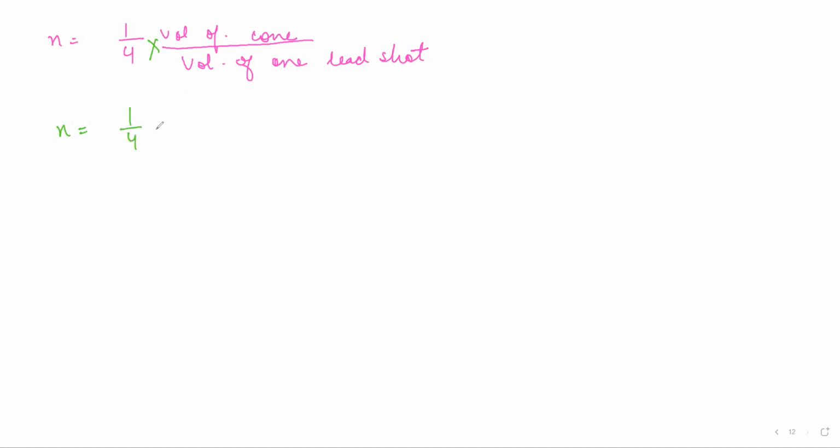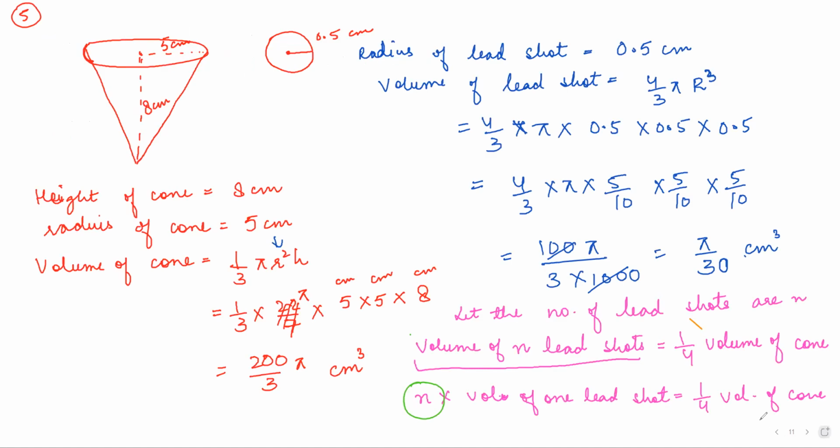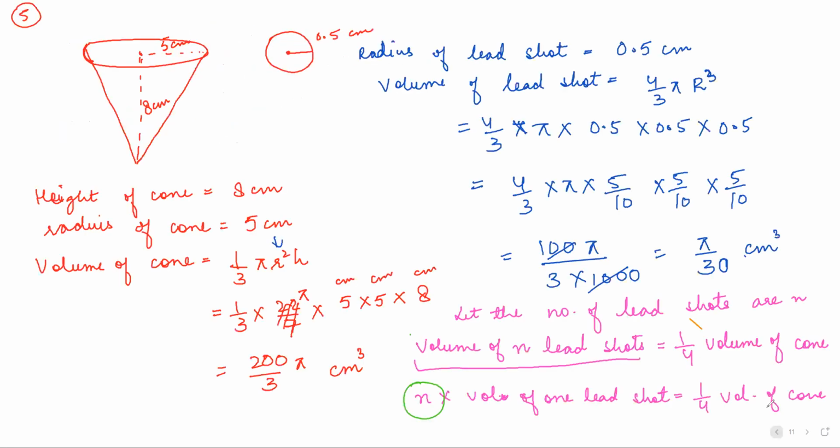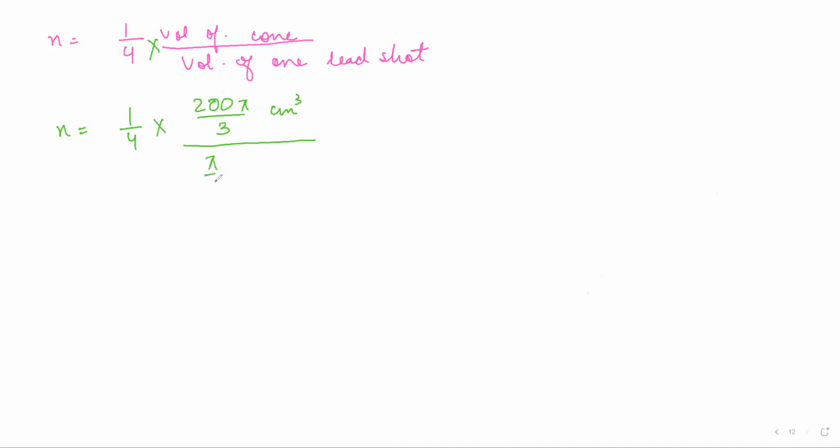So 1/4, right? Into now the volume of cone. This is 200 pi divided by 3 centimeter cube, and then divided by this, which is pi by 30 centimeter cube.